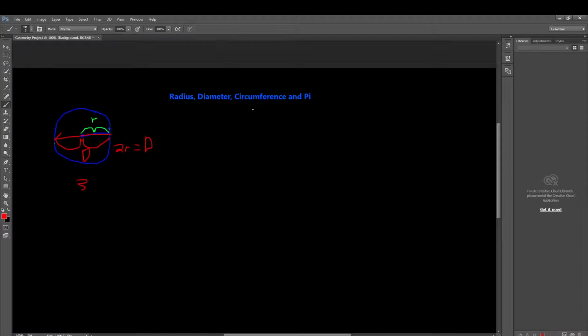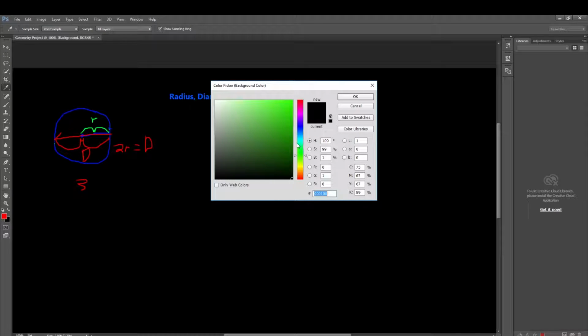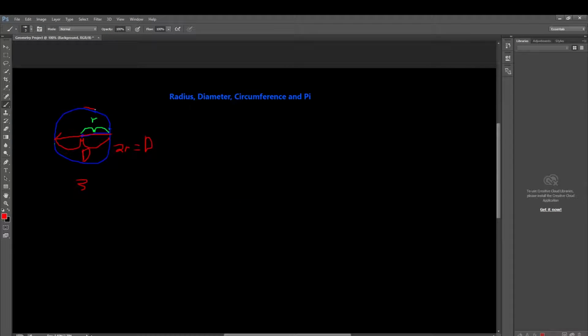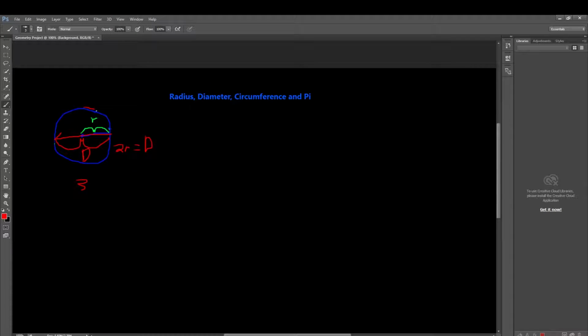And what we need to know is that the circumference of the circle is the entire outer edge of the circle.